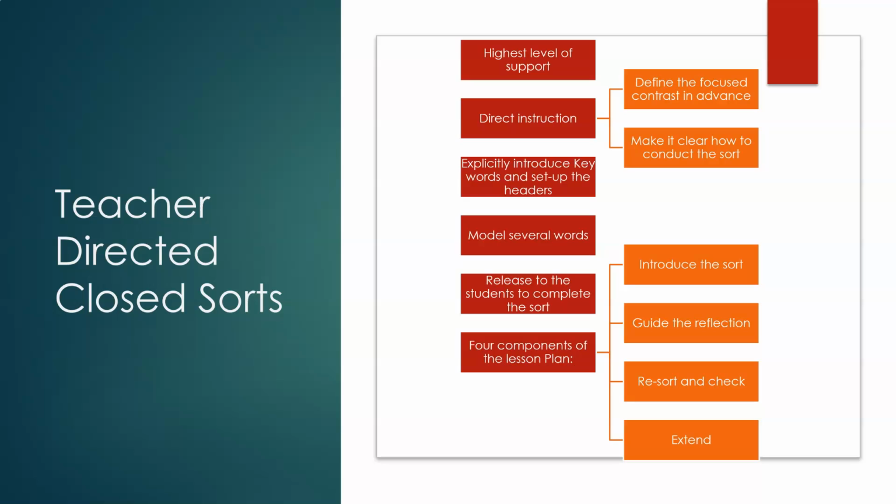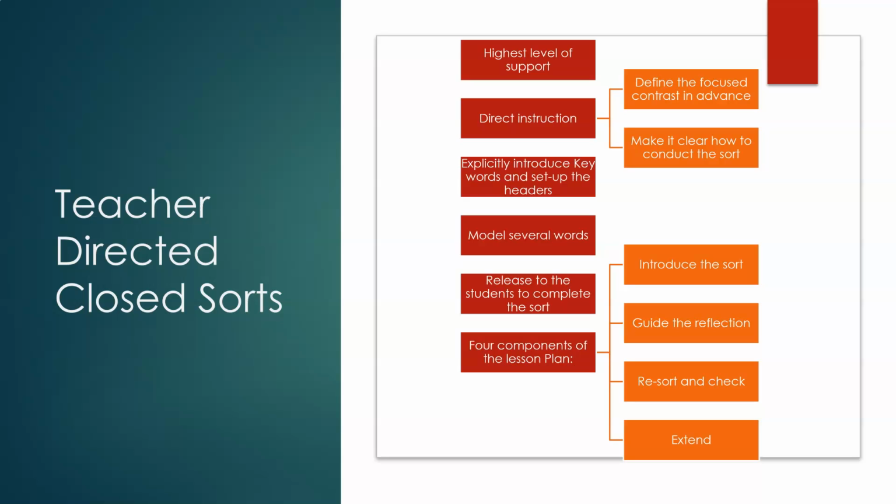So when we're looking at teacher-directed closed sorts, right? So we're giving them categories. Typically, there's a high level of support, direct instruction, where you're defining the focus contrast and making it clear how to conduct the sort, explicit introduction of keywords and setting up the headers.